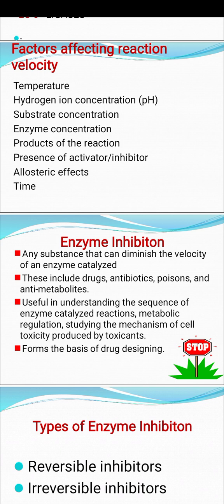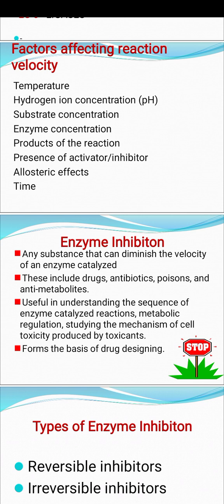Any substance that can diminish the velocity of an enzyme-catalyzed reaction. A number of compounds have the ability to combine with a certain enzyme in either a reversible or irreversible manner and thereby block catalysis by that enzyme. Such compounds are called inhibitors.